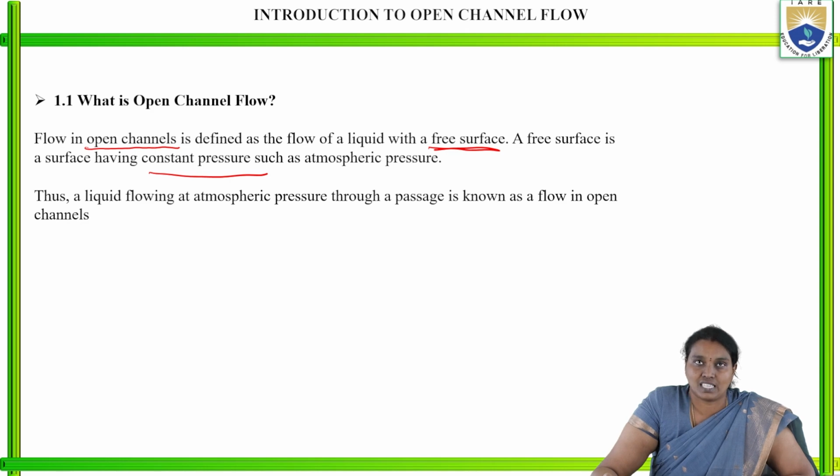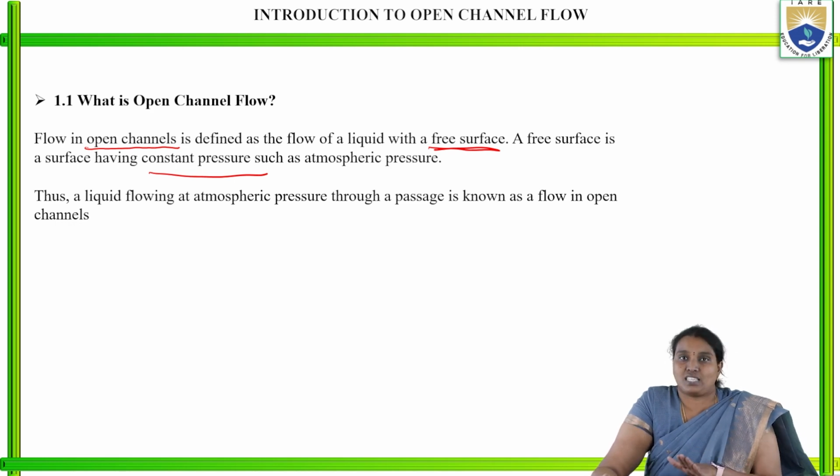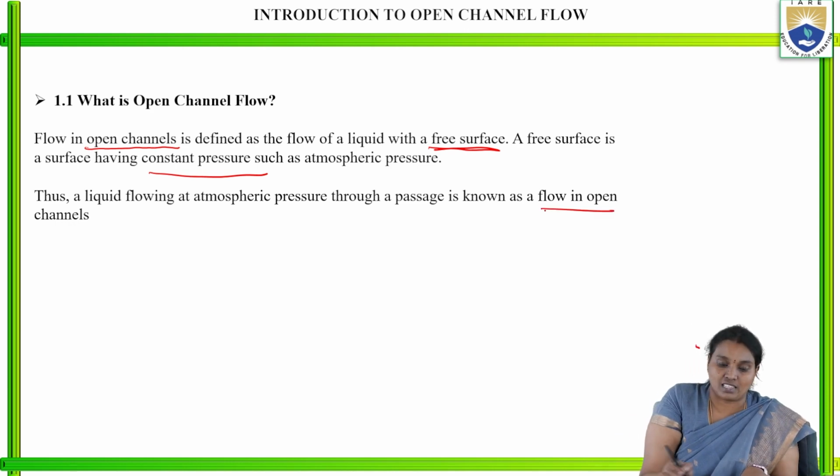A free surface is a surface having constant pressure such as atmospheric pressure. This is the definition of open channel flow. The name itself tells us it is to be open. From our subject point of view, we define it as the flow of liquid with a free surface. A liquid flowing at atmospheric pressure through a passage is known as flow in open channels.